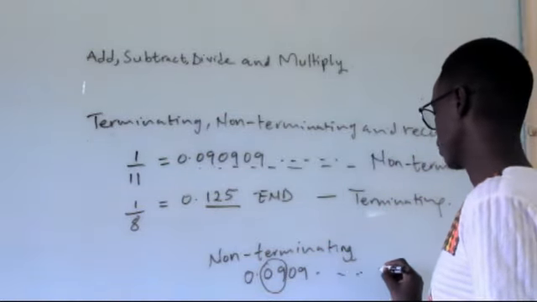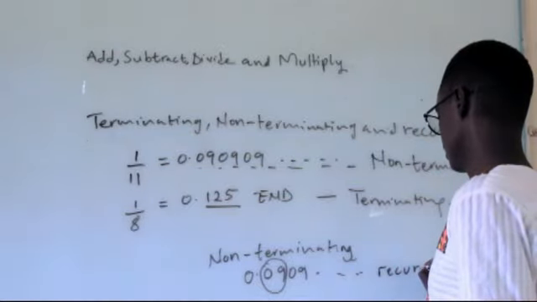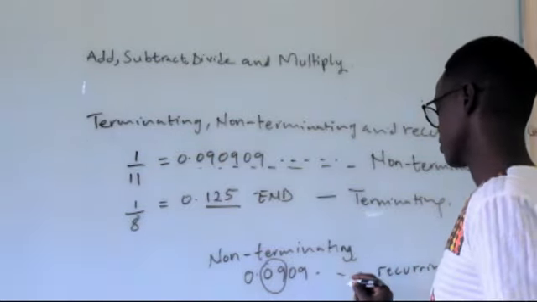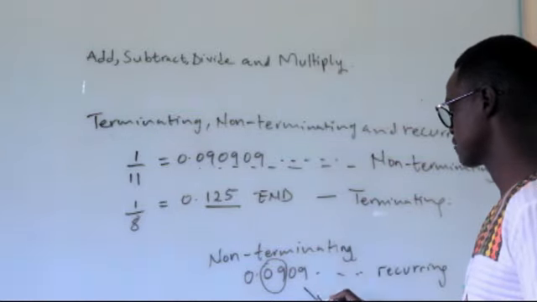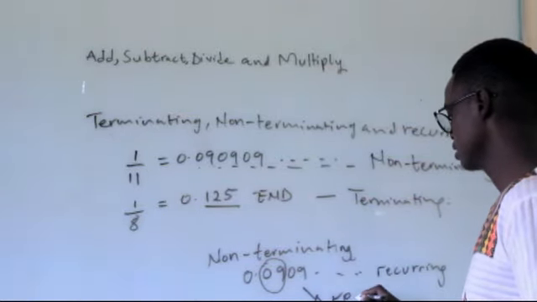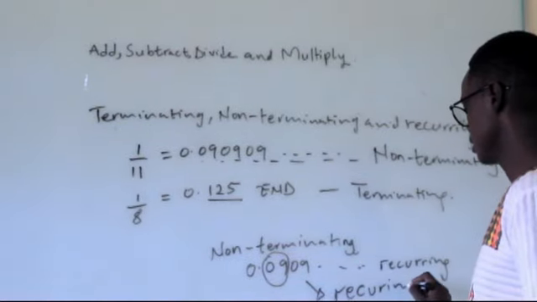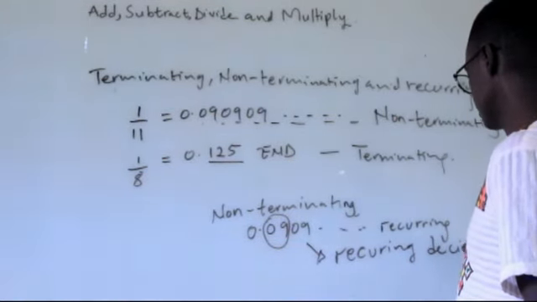So that's called recurring. The value 09 keeps on recurring. So such fractions are classified as recurring decimals.